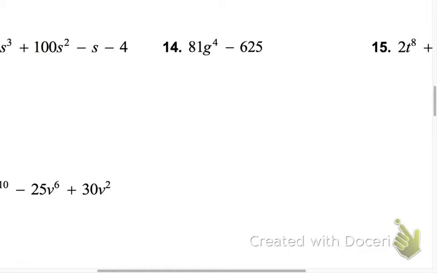Anything to the fourth power or the sixth power or the eighth power, anything like that, if there are two, it is just going to be a difference of two squares.